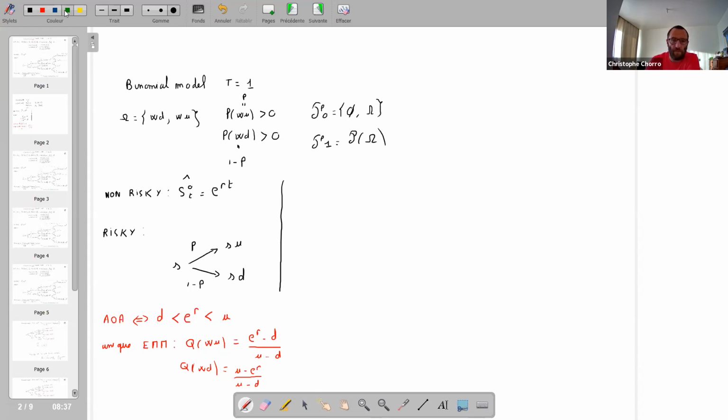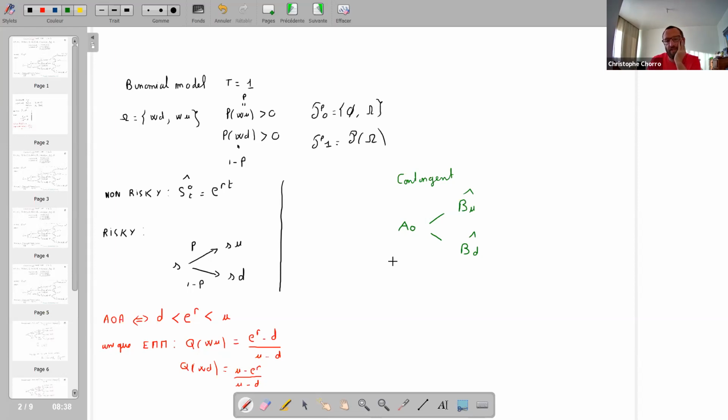Now, suppose that you have a contingent claim. In this situation, a contingent claim is just something that is represented by two possible values at time t equal to 1. It's the payoff of the contingent claim, my random variable that is F1 measurable here. If I want to price this one, I can, because I have a complete market, so any contingent claim is replicable.